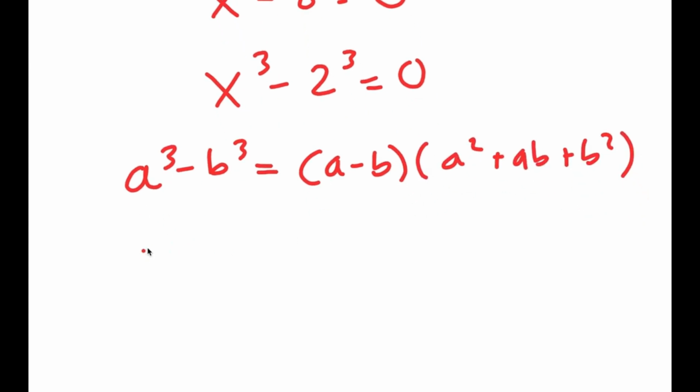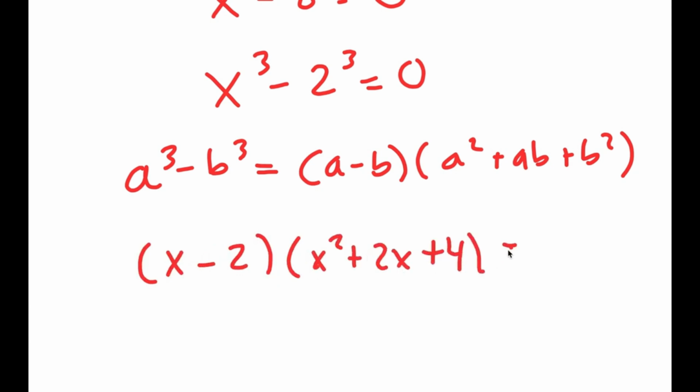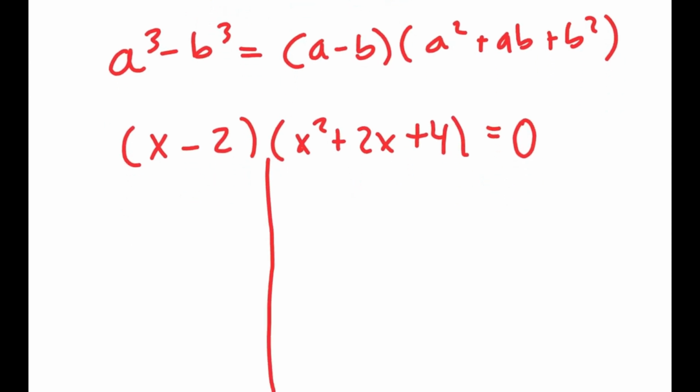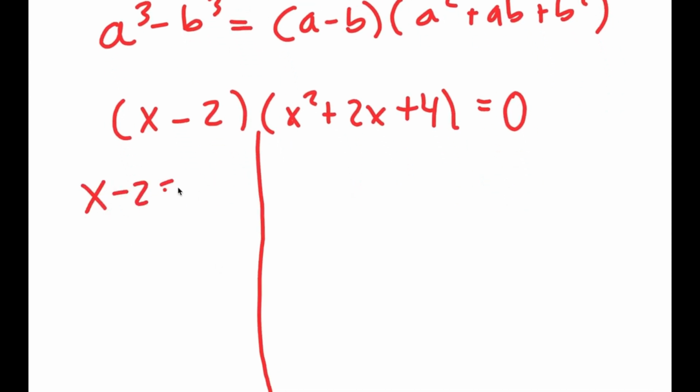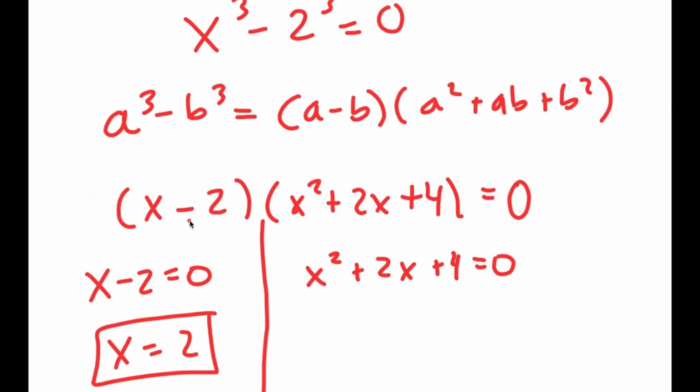So in this case, this turns into x minus 2 times x squared plus 2x plus 4 is equal to 0. So now I get two equations. I get x minus 2 equals 0 and x squared plus 2x plus 4 equals 0. So for x minus 2 equals 0, I get x equals 2, which was a solution that we already got.